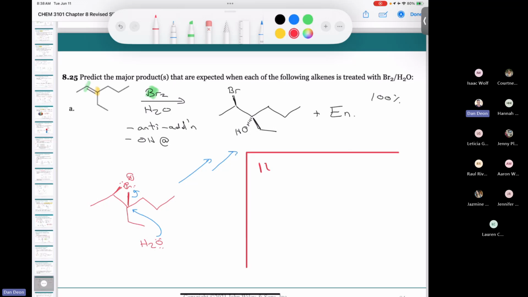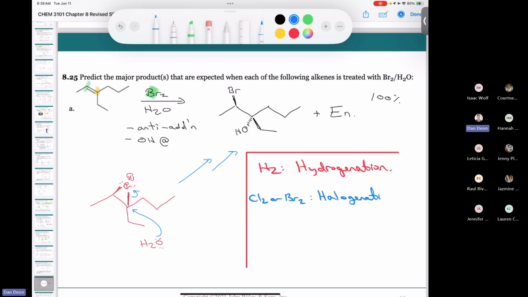So we talked about with H2, that's hydrogenation. When we have Cl2 or Br2, that's halogenation. If you use something like HBr or HCl that we've already looked at for a Markovnikov addition, that's called hydrohalogenation.